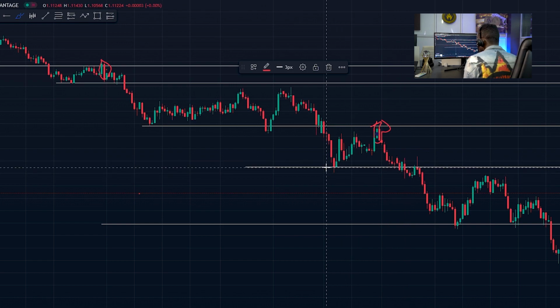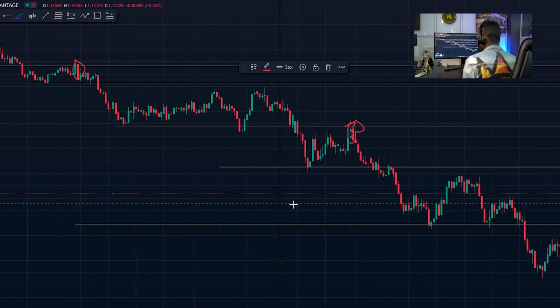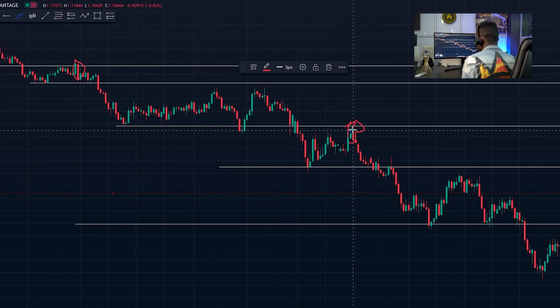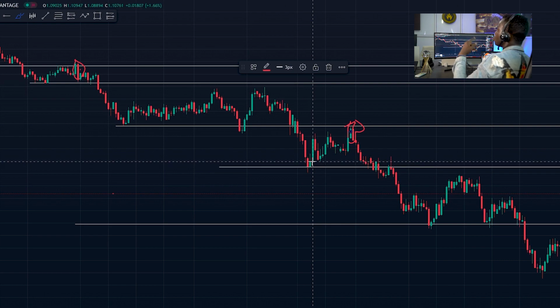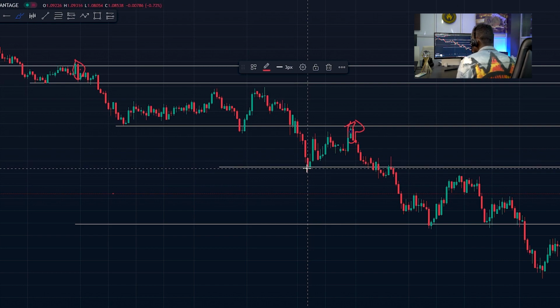This is another candlestick pattern. So this is another swing point. This is another turning point. You can call it a swing point or a turning point.